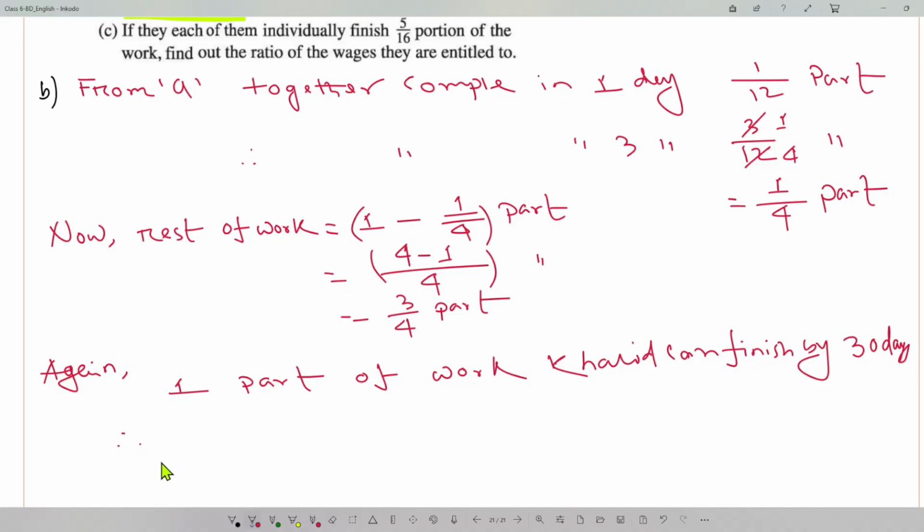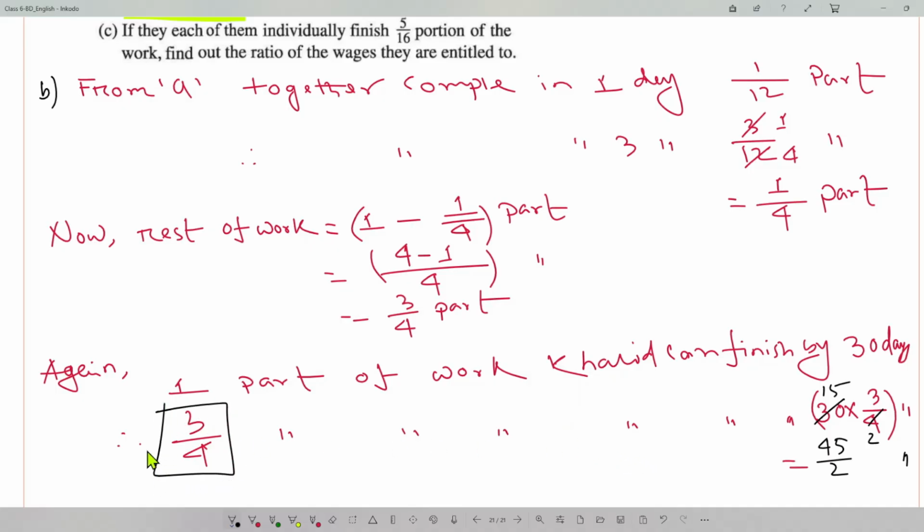So for 3/4 part of work Khalid can finish, here is 30 days times 3/4. So what will happen? 30 can be divided by 2, it means 15, and 4 can be divided by 2, it's 2. So 15 times 3 is 45/2 days. 45/2 days can finish 3/4 part.